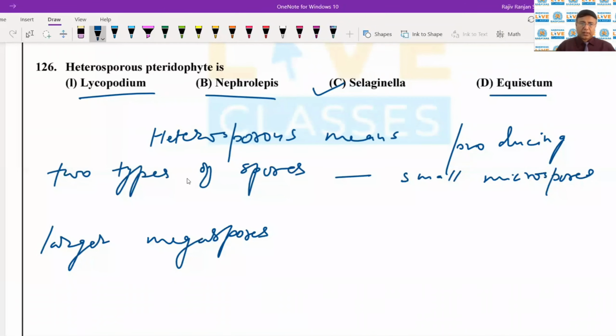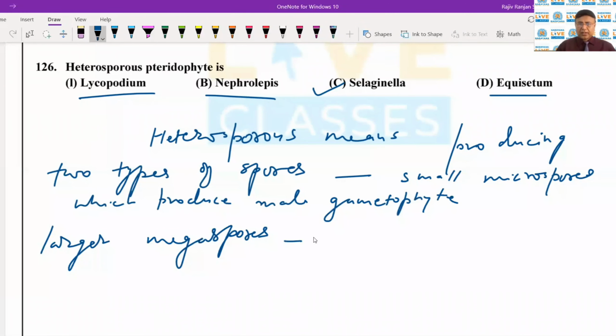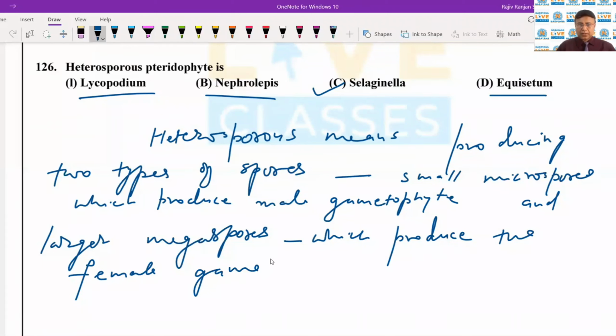The small microspores produce the male gametophyte bearing antheridia, and the large megaspores produce the female gametophyte that bears the female sex organ archegonia.